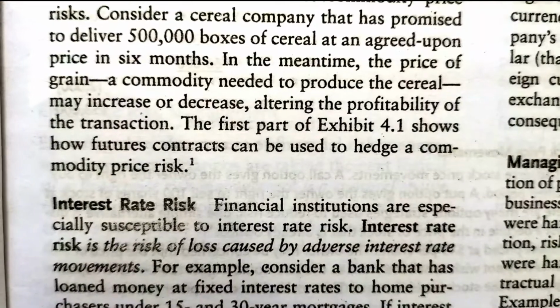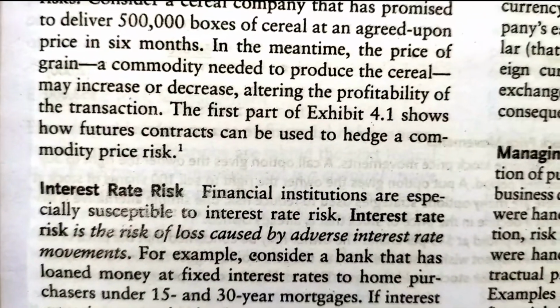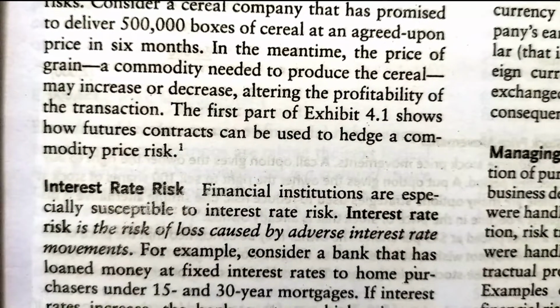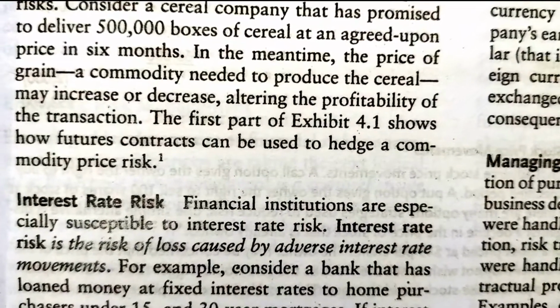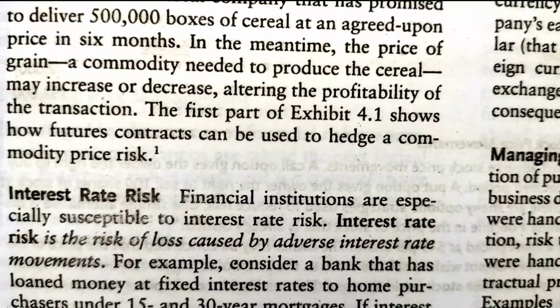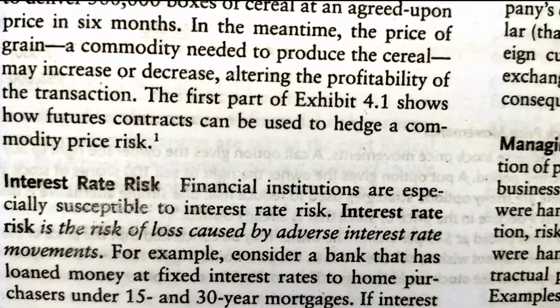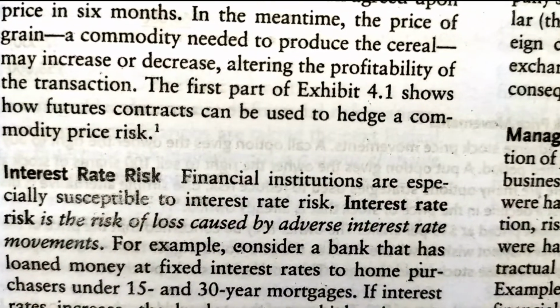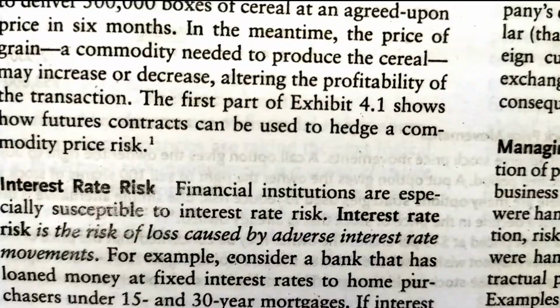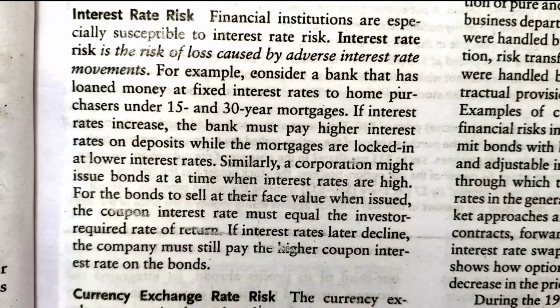The price of grain, a commodity needed to produce the cereal, may increase or decrease, altering the profitability of the transaction. The first part of Exhibit 4.1 shows how futures contracts can be used to hedge the commodity price risk.